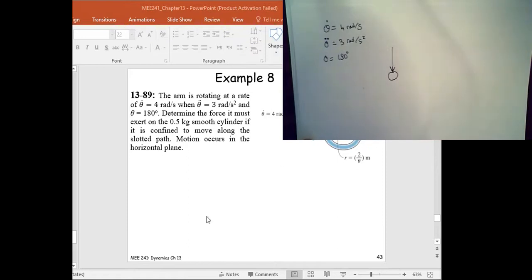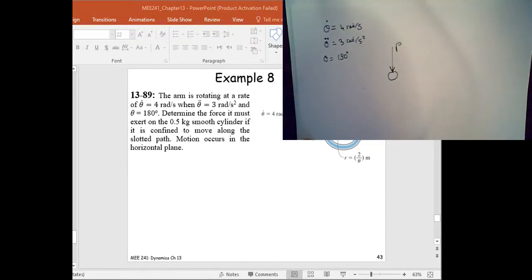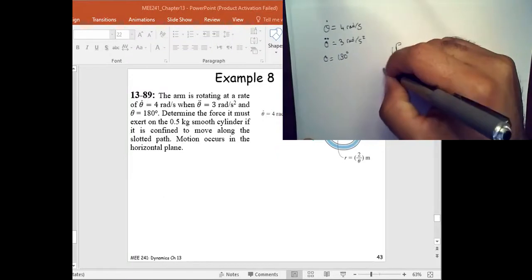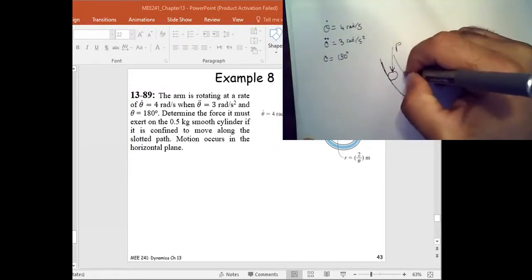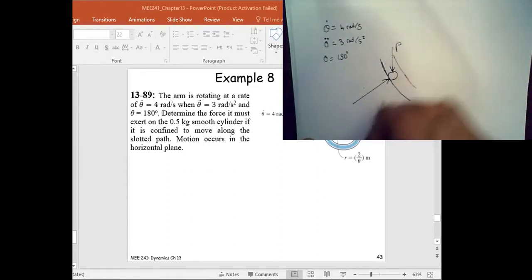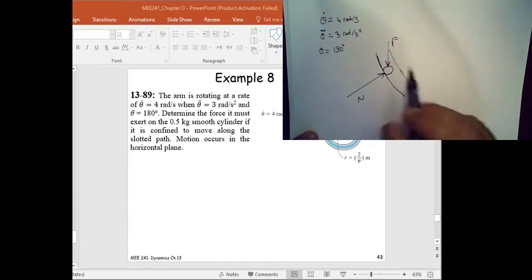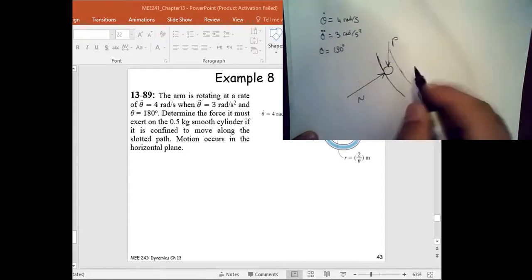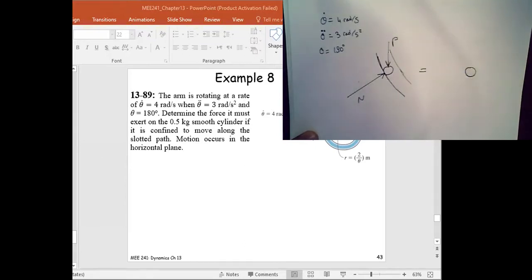The rotating bar will apply a force P on it in that direction, and as a result of this being constrained along this direction, it will touch on this end, and this is going to be my normal. These are the only two forces. If this was a vertical plane, I would have to add mg to it. Now if I want to look into the acceleration of it, I have theta.